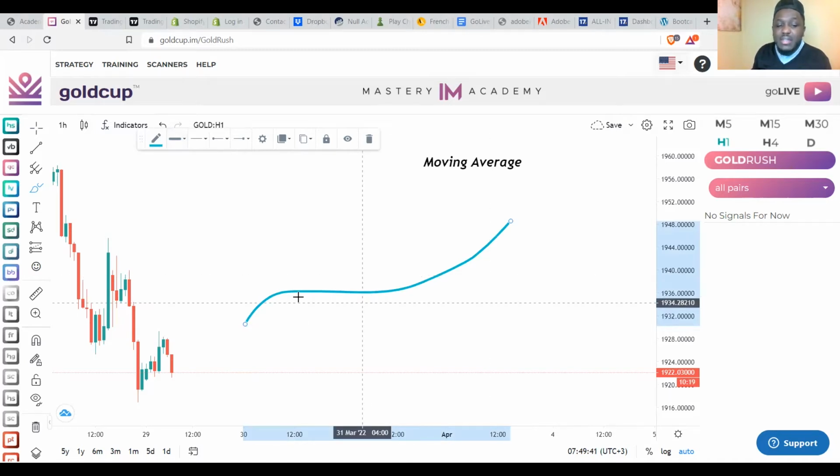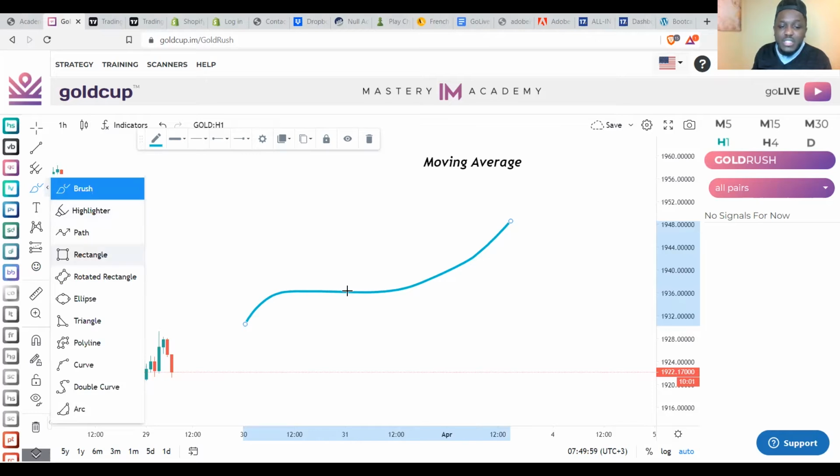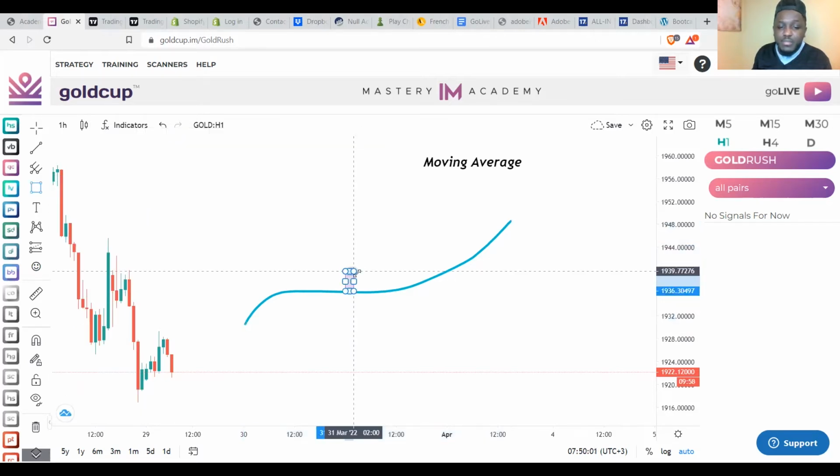And if this line is progressively moving upwards, it's basically telling us that the market is on some kind of uptrend. The market is pushing up, it's gaining value. And more especially if the candlesticks are above the moving average.